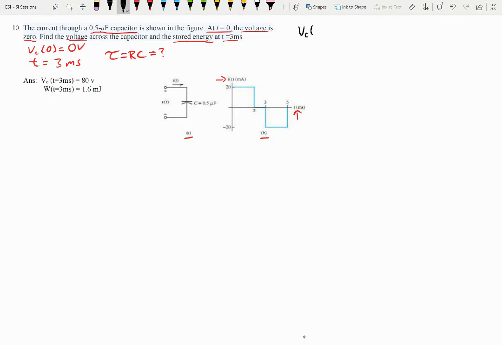V of C at time t is 1 over capacitance value, integral from t1 to t2 of I of C at a point in time, dt, plus V of C at time 1. And real quick, time 1 here is going to be equal to 0. So with that in mind, let's look at what we have.